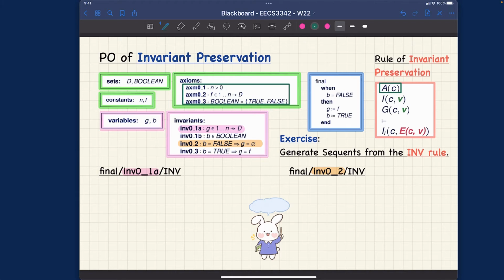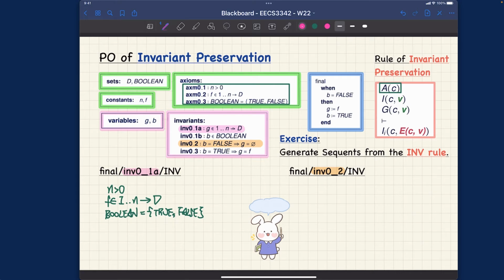So we got n larger than 0, f a member of the set of total functions, sorry, the set of total function between the two sets, 1 to n as the interval set, total function D, and also Boolean equals the set of two members true and false. To make sure I spelled it correctly. Right, so these are the axioms.